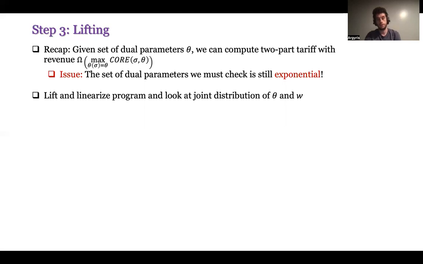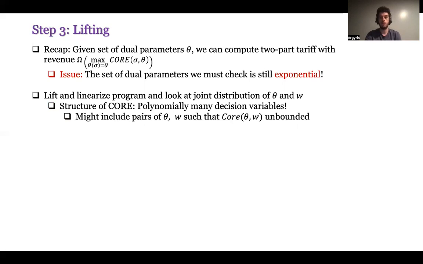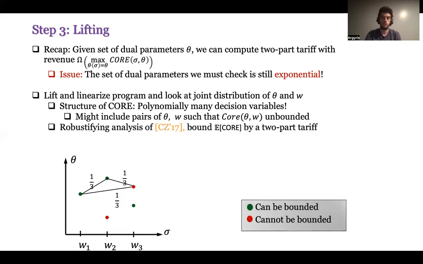To convexify the program, we lift our program in a higher dimension and maximize the expected value of core over joint distributions of dual parameters and marginal reduced form variables. Due to the structure of core, our new lifted program has polynomially many variables, but might contain pairs of dual parameters and mechanisms in its support whose core cannot be bounded by simple mechanisms. To overcome this final issue, we robustify the analysis by Zhao and show that we can still bound the expected core by a two-part tariff.